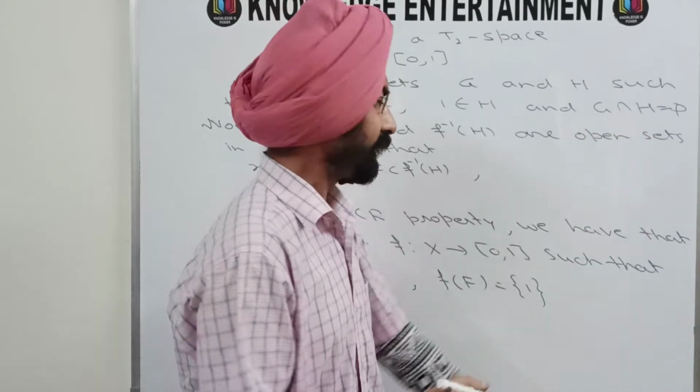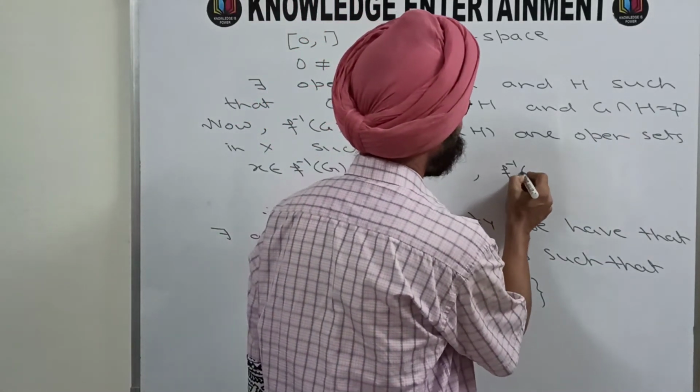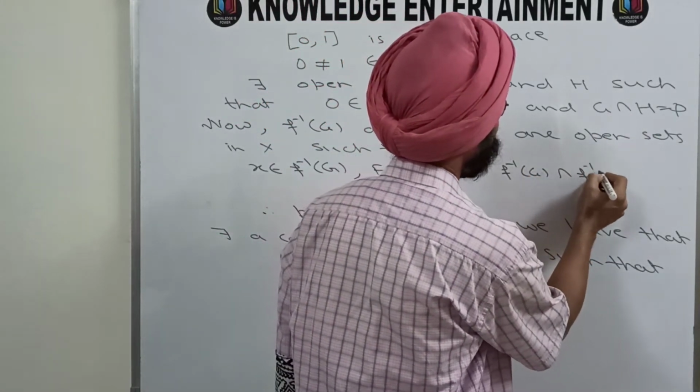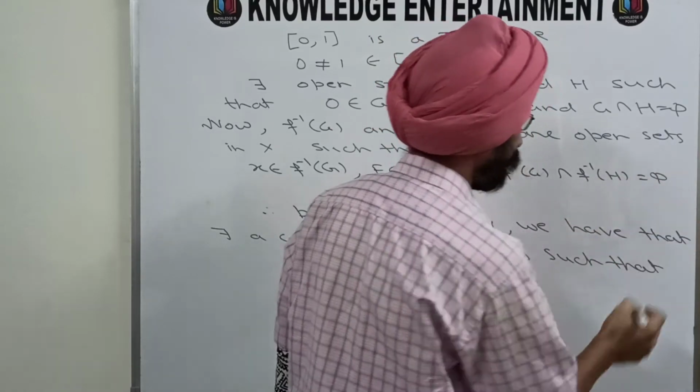Their intersection is phi. So this means f inverse G and f inverse H, their intersection is also phi.